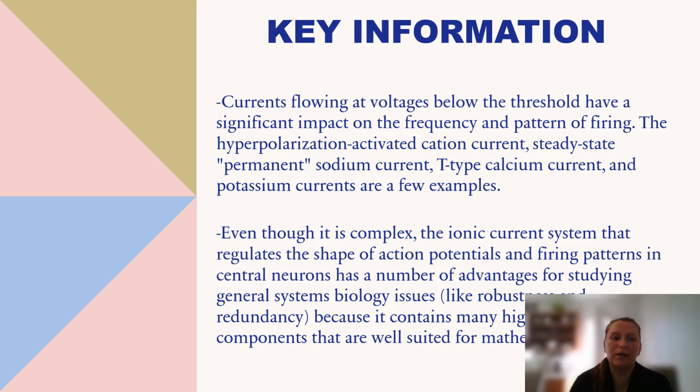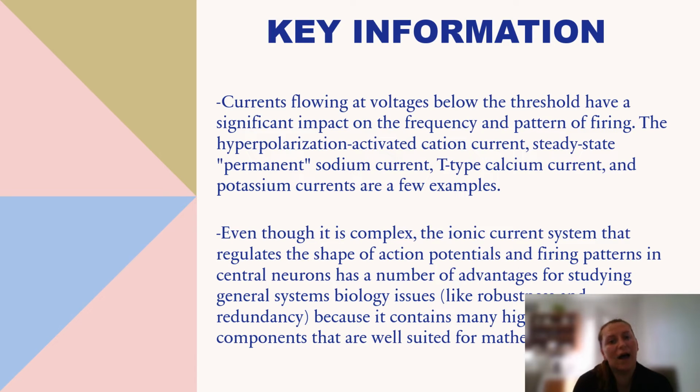The next point is that the system of ion currents that controls action potential shape and firing patterns in central neurons, although complex, has remarkable advantages for pursuing general problems in systems biology, such as robustness and redundancy.